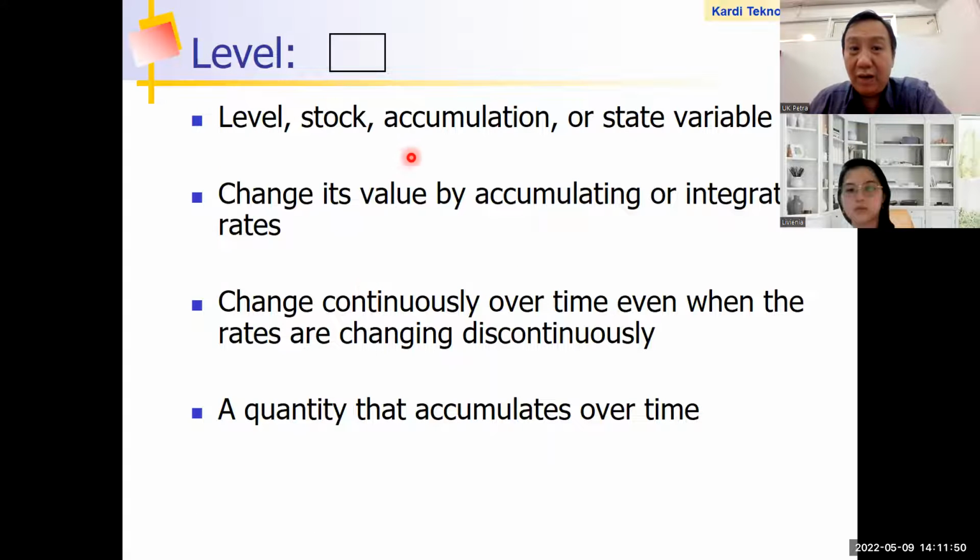Level, stock, accumulation, or state variable. It will change the value by accumulating or integrating the rates. It will change continuously over time, even when the rates are changing discontinuously. It is the quantity that accumulates over time.